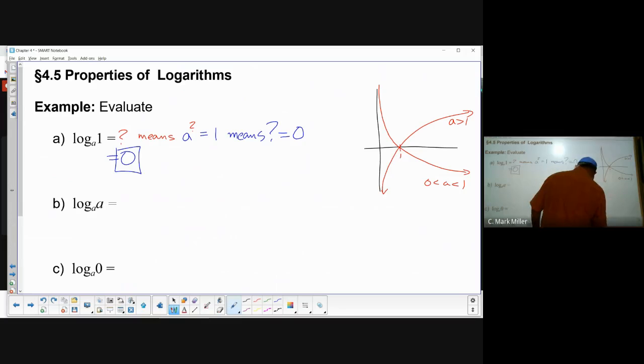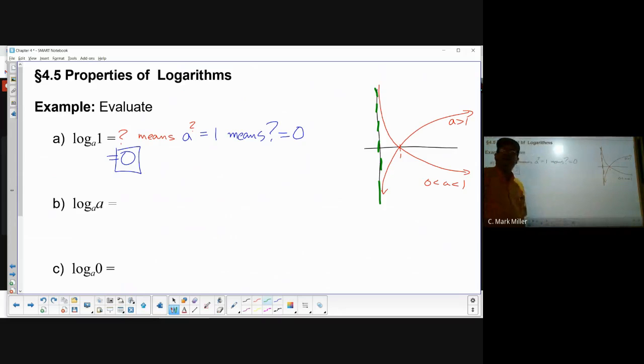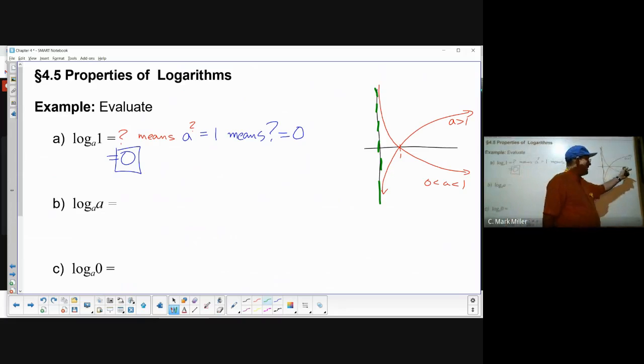The vertical axis is an asymptote. So you remember that the only bases you're allowed to have are greater than 1 or between 0 and 1. In either case, what is the log of 1? In either case, the log of 1 is 0.